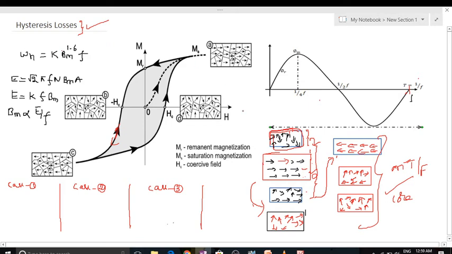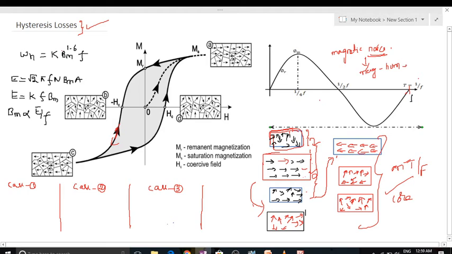Due to this compression and expansion, some magnetic noise will be produced. This is called magnetic hum.